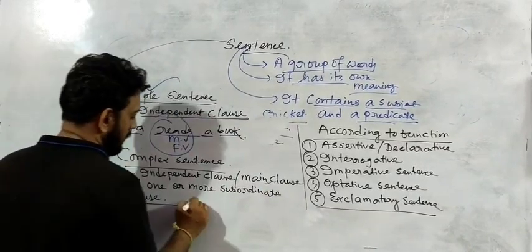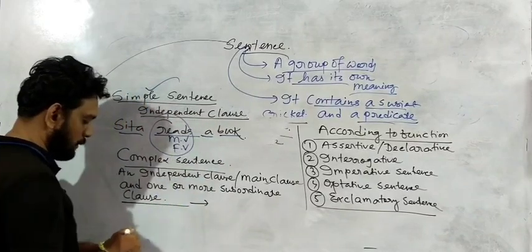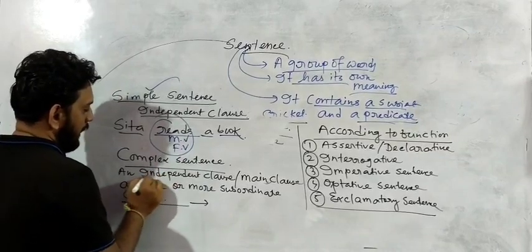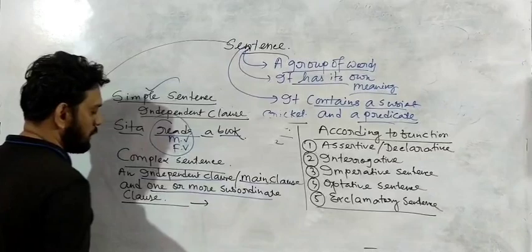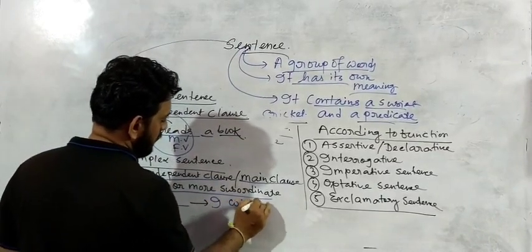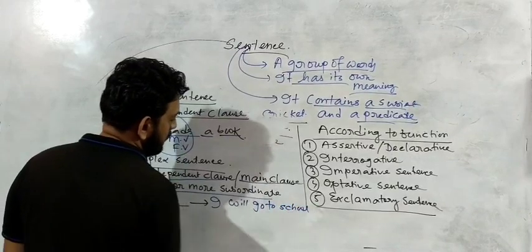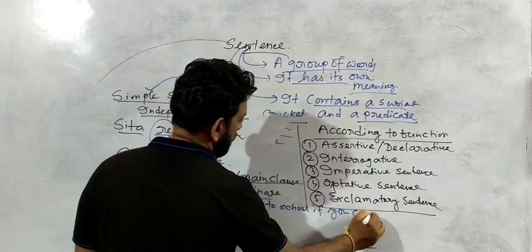Now let me give you an example. Write down along with me, my friend. I have written: complex sentence, an independent clause or main clause and one or more subordinate clauses. Write down, I will go to school if you come.